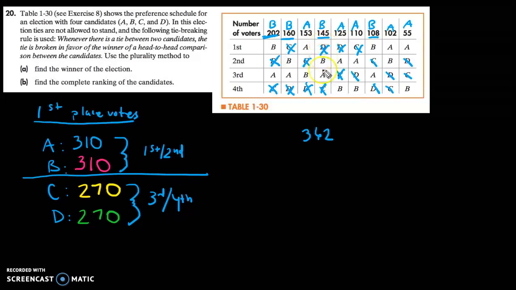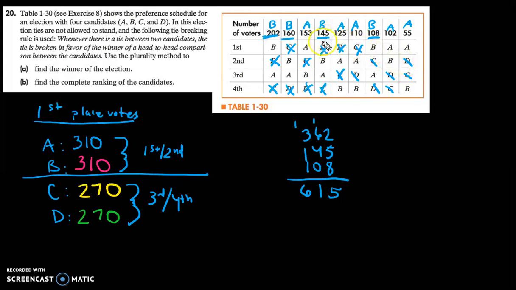And then 145 and 108. Is that all the B votes? So this is 15, 11 with the one that's over there, 3, 4, 5, 6. So they would have got 615 in the head-to-head matchup.